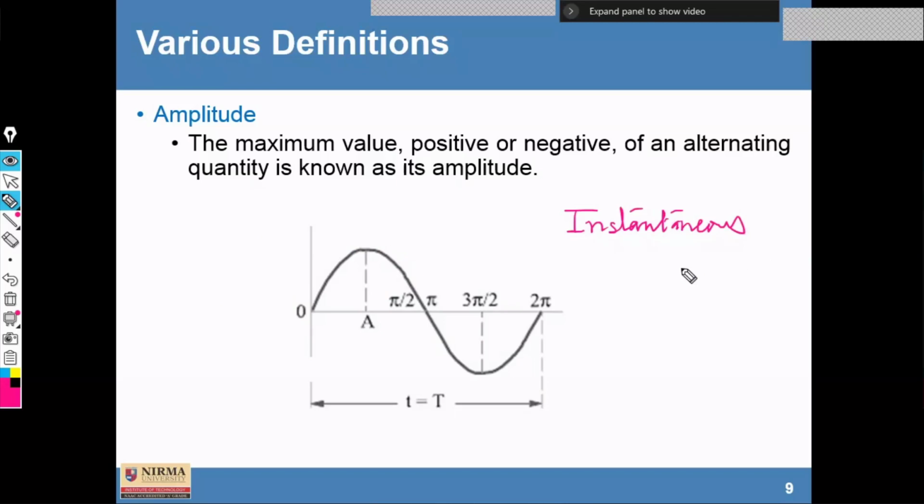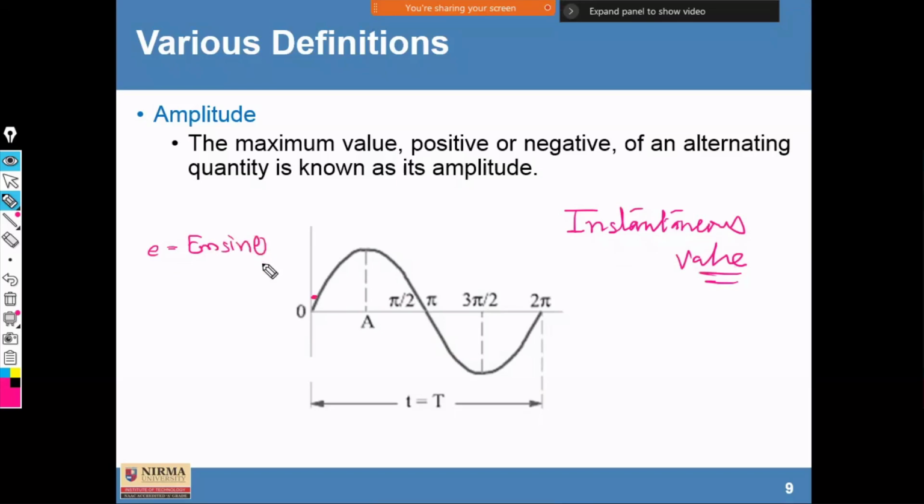Instantaneous value of an alternating quantity is the value at any instant of time. Suppose here, with the help of this equation, E is equal to EM sin omega t or sin theta, we can find the value at any instant of time.